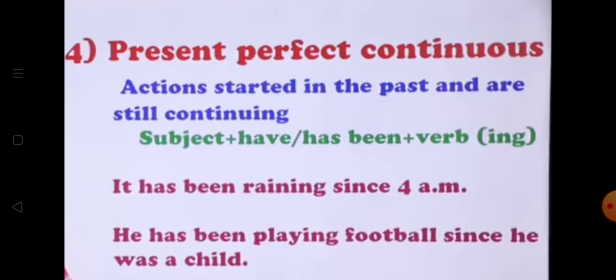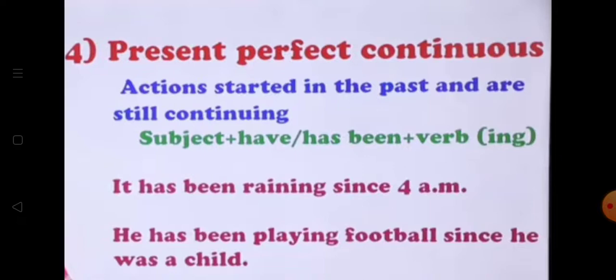Next, present perfect continuous tense. Present perfect continuous is used when we are talking about actions that started in the past and are still continuing. And the rule for present perfect continuous is subject plus has, have, has been plus verb, first form of verb, ing form.